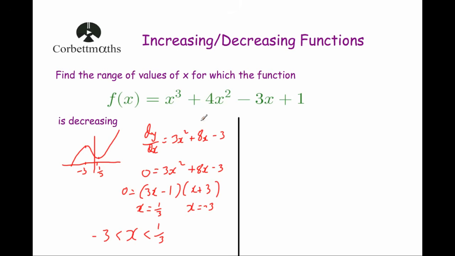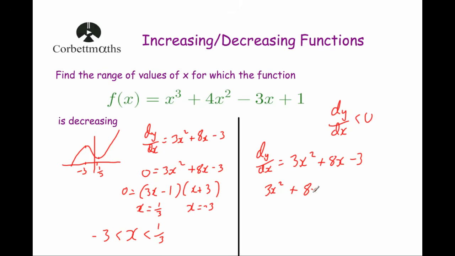The second approach is just by using the knowledge that if it's a decreasing function, dy by dx is less than 0. We've differentiated already, so dy by dx is equal to 3x squared plus 8x minus 3, and we want to find when that is less than 0. So we write that down: 3x squared plus 8x minus 3 is less than 0.